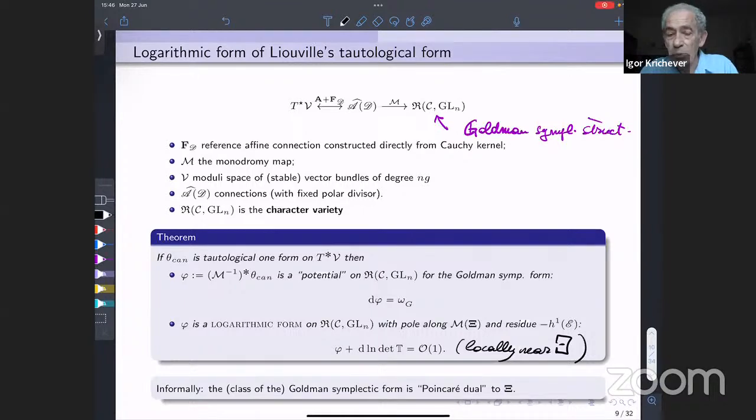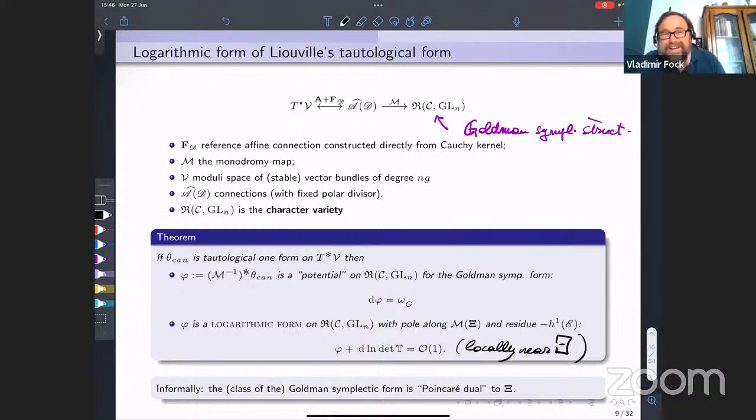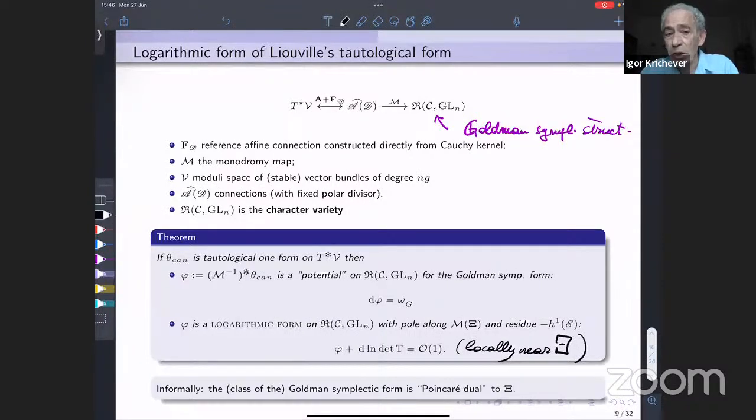Volodya, maybe the simplest answer to your question is that you should throw away the zero section of the cotangent bundle. Yeah, but if you take any other section that gives homologically the same class, then locally you can do that outside of this theta divisor.